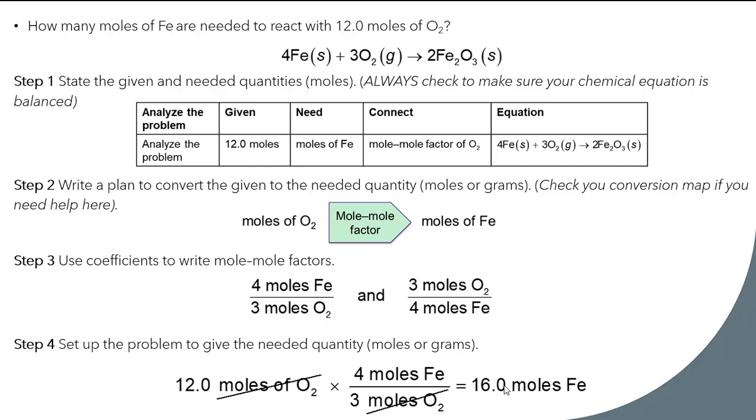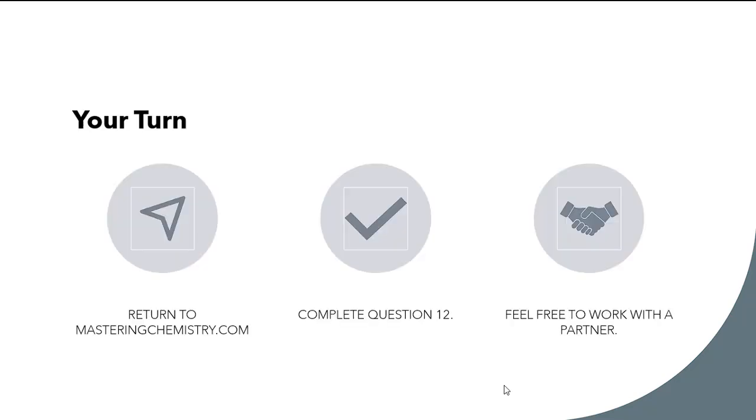Again, it's just like if I have 4 eggs, how much flour do I need to make for this recipe? That's basically the same thing we're doing here. All right, so your turn. Why don't you go back to Mastering Chemistry and work question 12 now. When you're ready, return to the lecture.